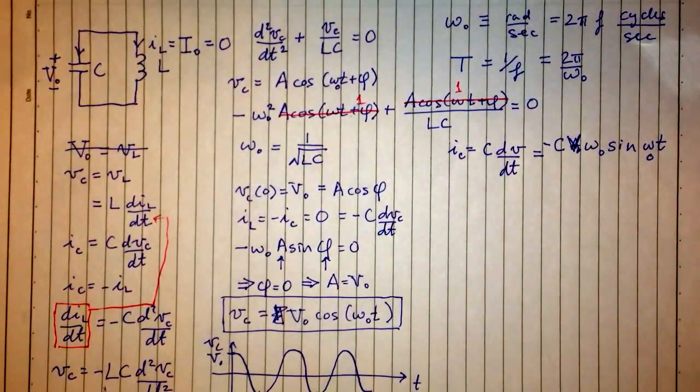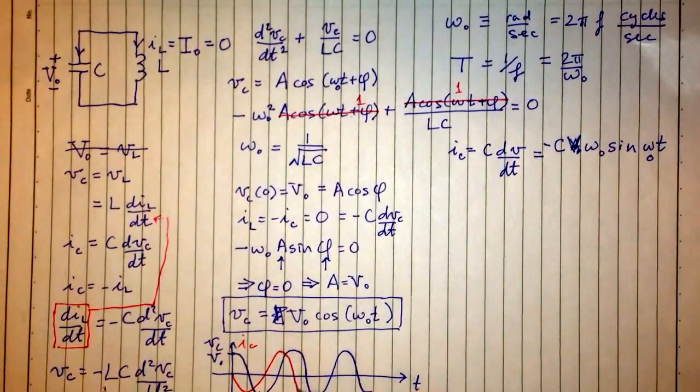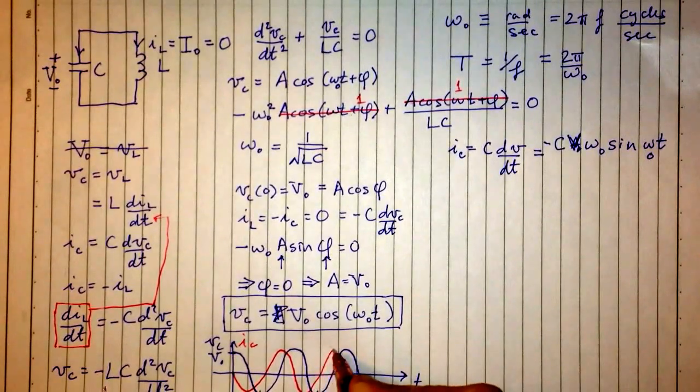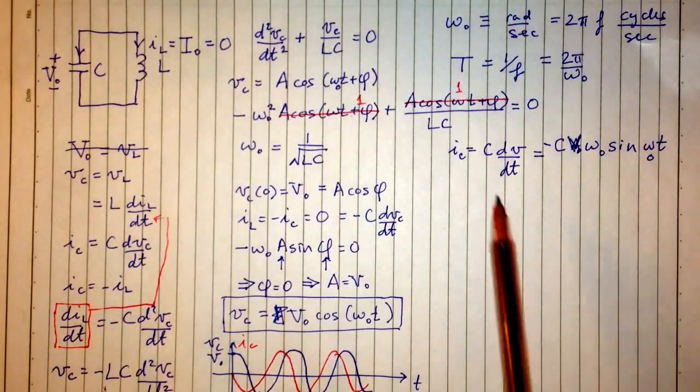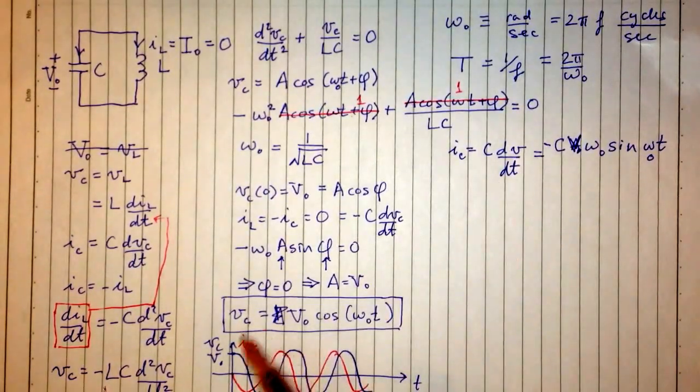We can plot this on the same curve. It's a minus sign, so it's going to be going like this. Now I always try to remember that in a capacitor, you always have to have current before you can get a voltage, because you need current to flow into it before a charge can accumulate on it.